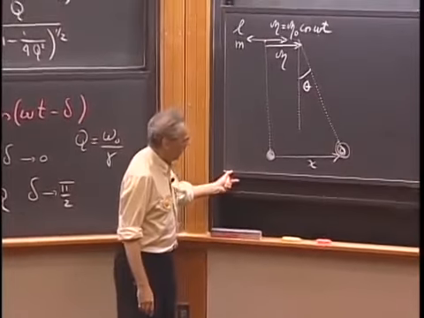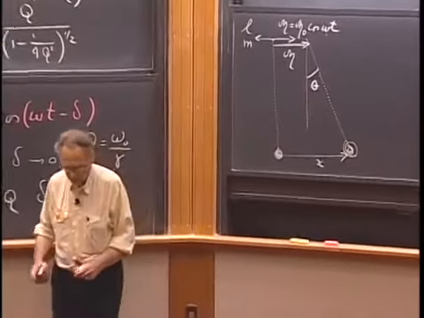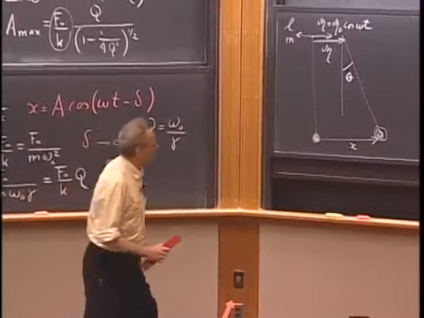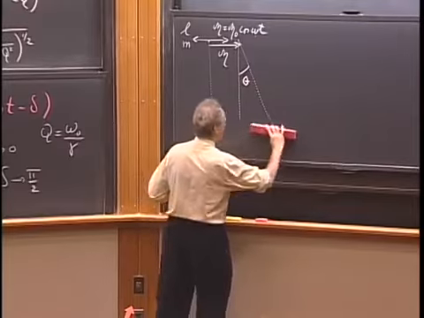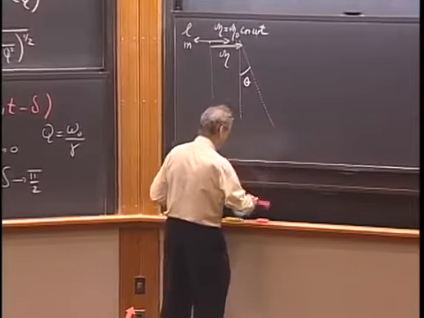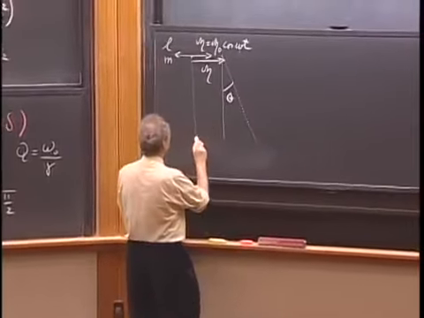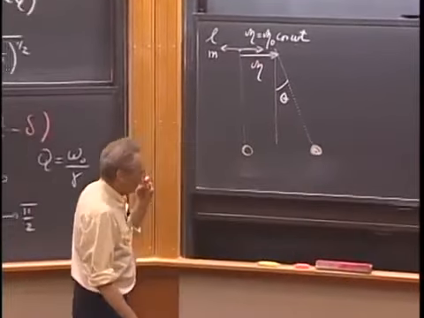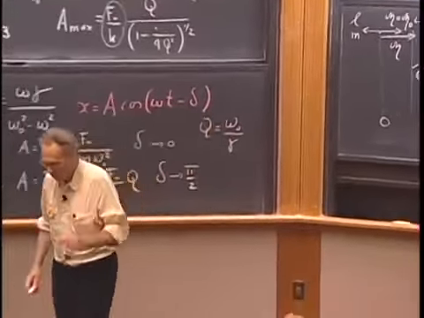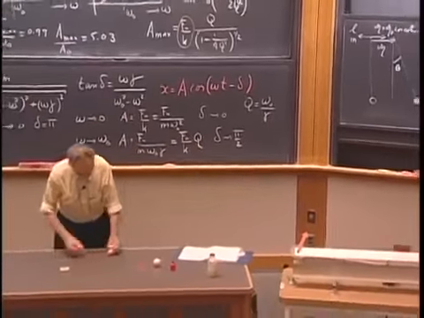So now I want to put in all the forces that are at work. I will move it up a little bit because I want to have a little bit of room for my forces. So make the length a little shorter. So here is the object. There are only two forces on this object.